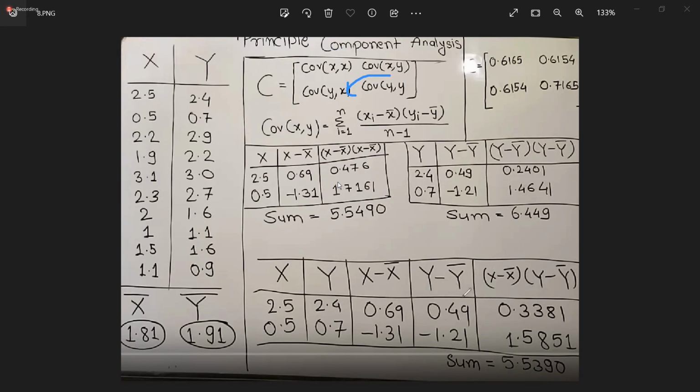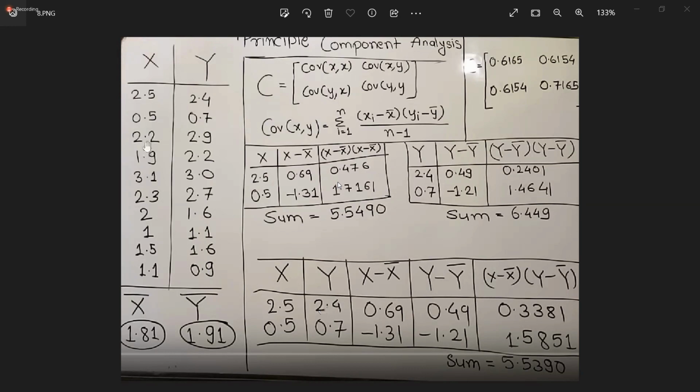Clear, guys? Let's go ahead. X minus x bar: 2.5 minus 1.81, we got 0.69. 0.69 into 0.69, we have 0.476. Clear? Now the same thing, 0.5 is X. 0.5 minus 1.81 is minus 1.31, and minus 1.31 into minus 1.31, you get this one.